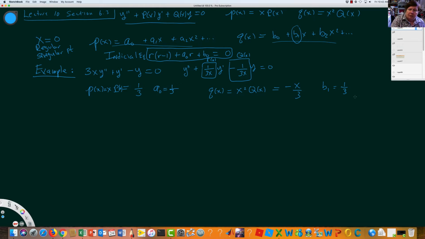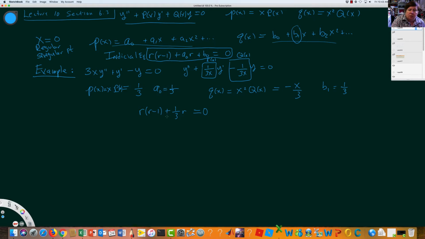All right, so let's calculate. The indicial equation is r times r minus 1, plus a0 r, and a0 is 1/3, and then plus b0, but we don't have a b0 for my q. And this is all equal to 0.